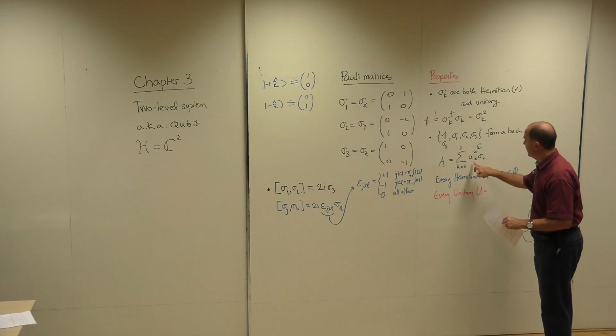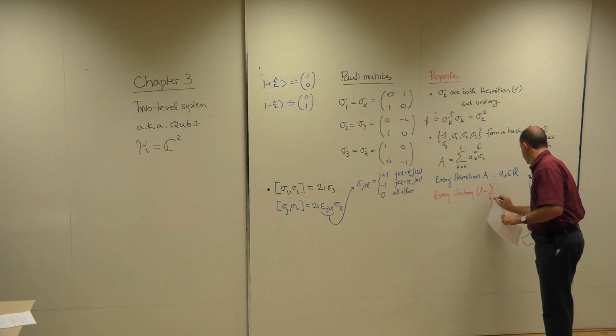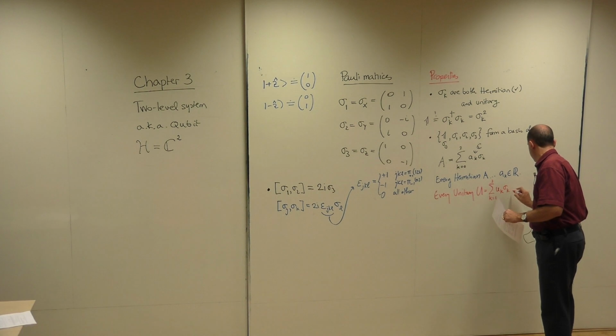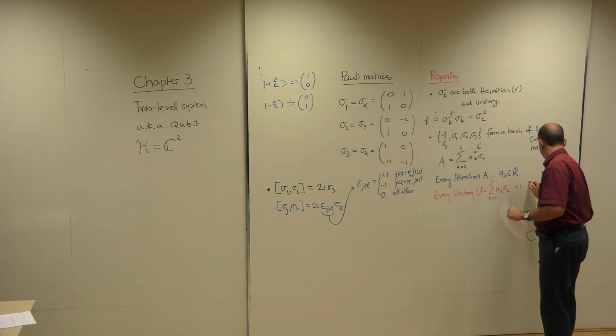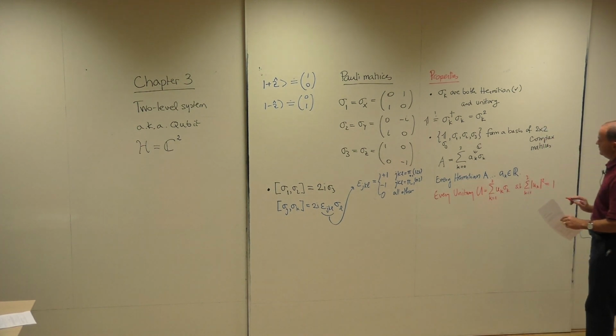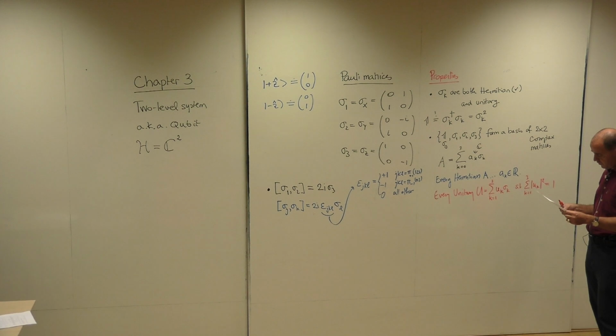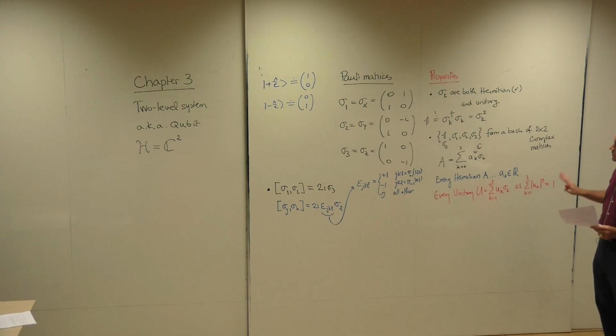You don't need the identity. It can be written as the sum over k equal 1 to 3 of u_k sigma_k, with the sum over k equal 1 to 3 of u_k squared equal to 1. Sorry, that's the condition. Okay. What you have here defines the Pauli matrices and some of the main properties.